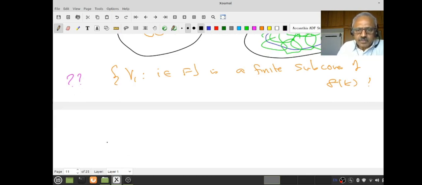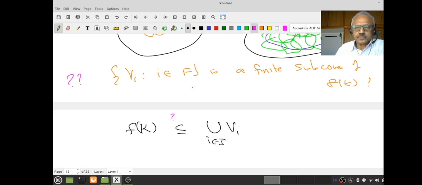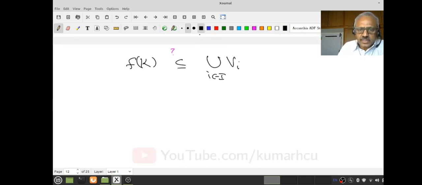So if that, what does it mean? I have to prove f(K) is a subset of the union of V_i, i in F. This is all I have to prove. Yeah, so let us start with the y in f(K). Then what should I do?